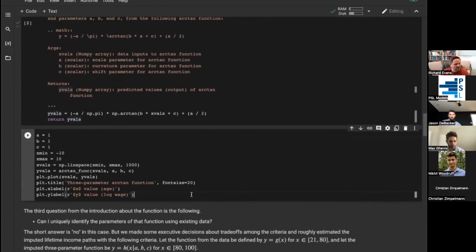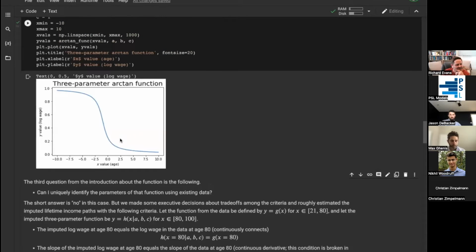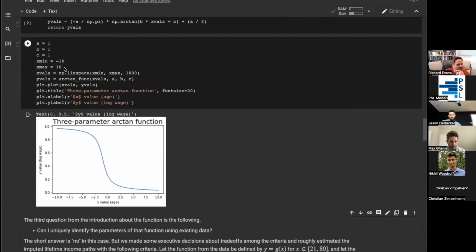And now I can create this new arctangent function that has these coefficients for the parameters A, B, and C, and I can plot that for minimum and maximum X values. And it looks like this. If I change the C parameter, that's going to move this plot backward and forward.